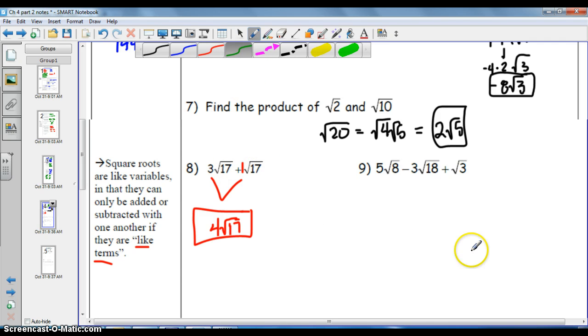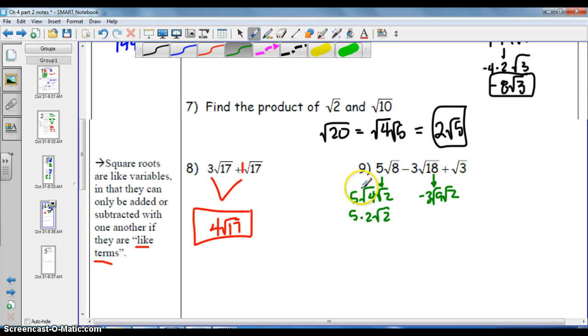So you've got to make sure that you've simplified it first, those radicals, then add the like radicals. So here I can simplify the 8, I can simplify the 18. So we want to do that first. So let's go ahead. I have 4 and 2 that give me 8. I have 9 and 2 that give me 18. So I wind up with 5 times 2 because the square root of 4 is 2. And I leave the square root of 2 there.